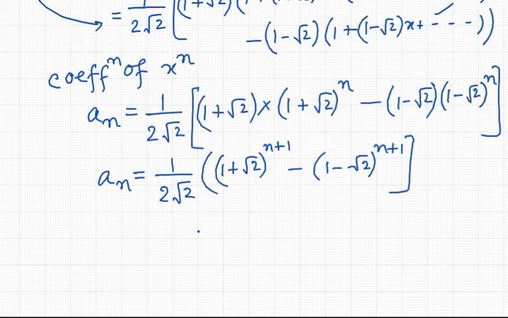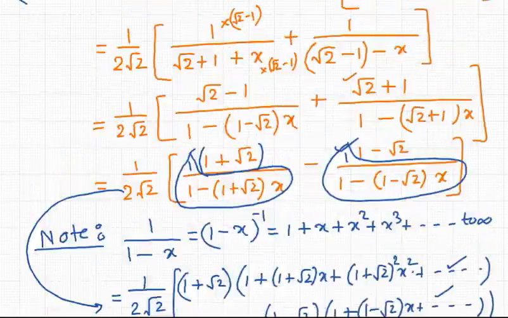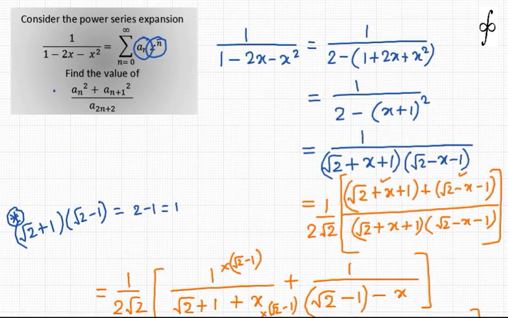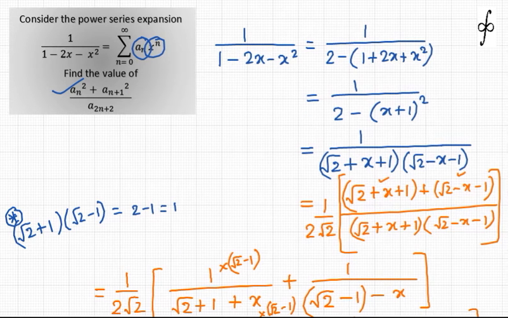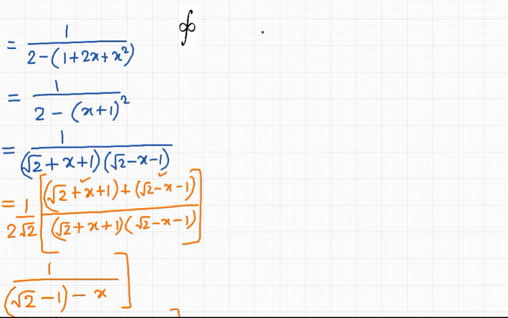Now once we get the structure of an, we can simply go for the calculation of an square plus an plus 1 square, that is the numerator.